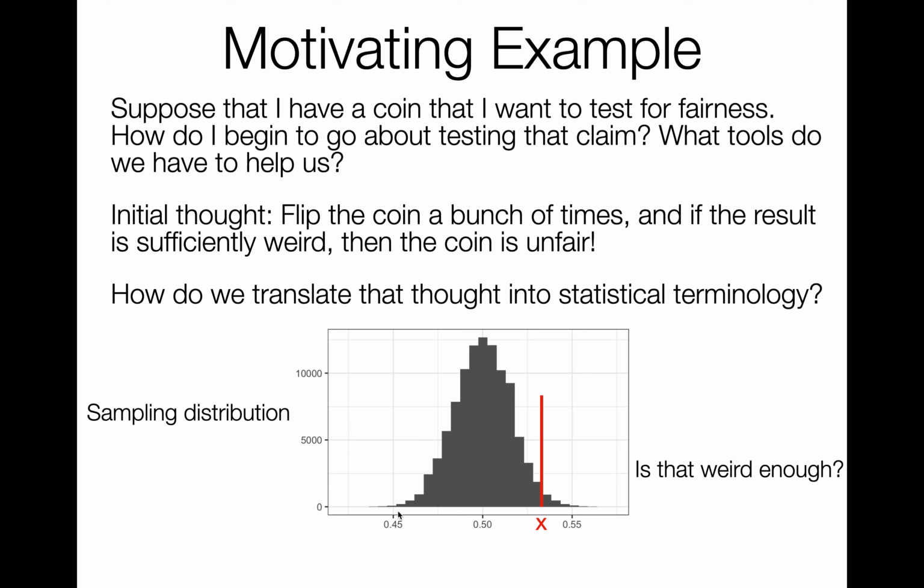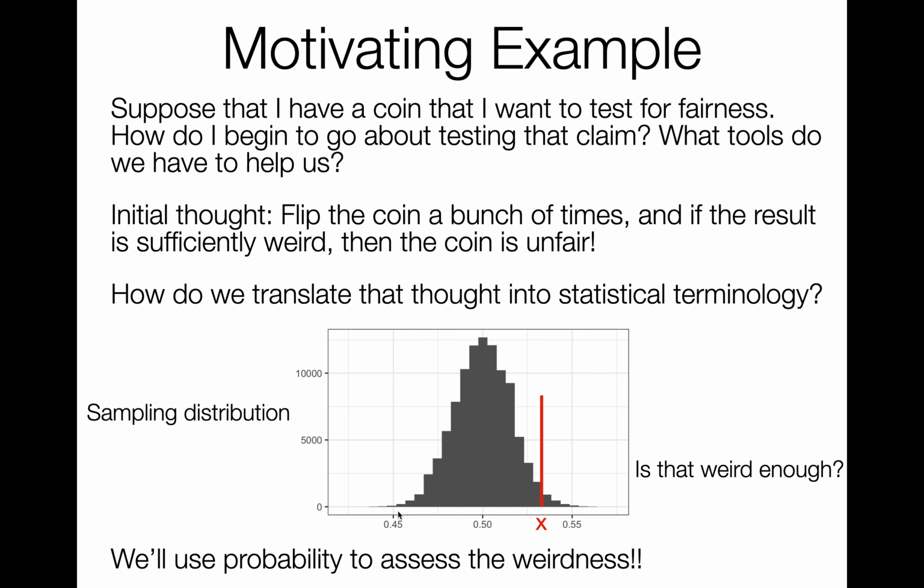How do we gauge that weirdness? The way we've been doing it the whole time, with probability. So we're going to use probability to assess the weirdness. The question I'm going to ask is something like, how likely is it that I actually observed my sample given what we previously believed about the coin?